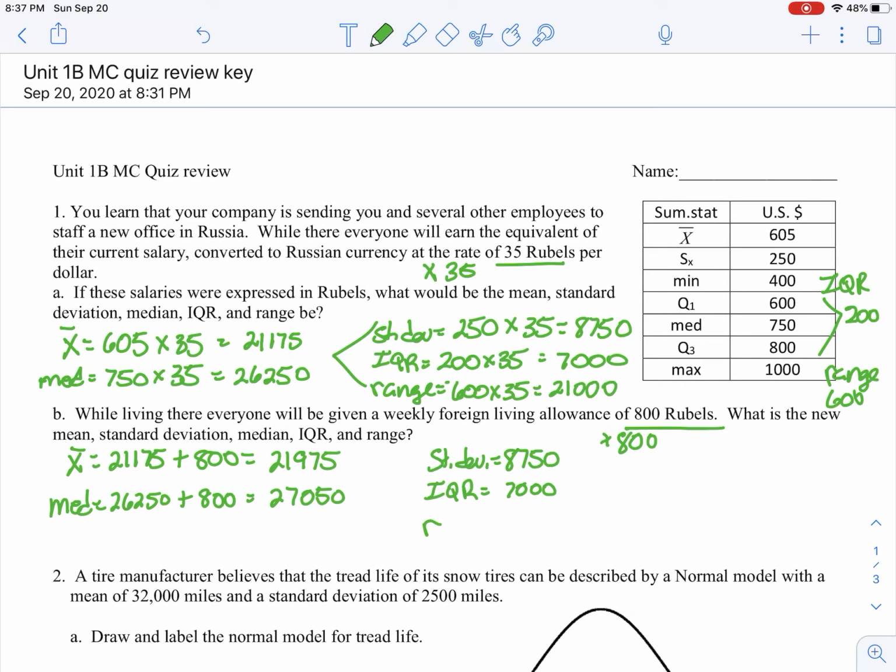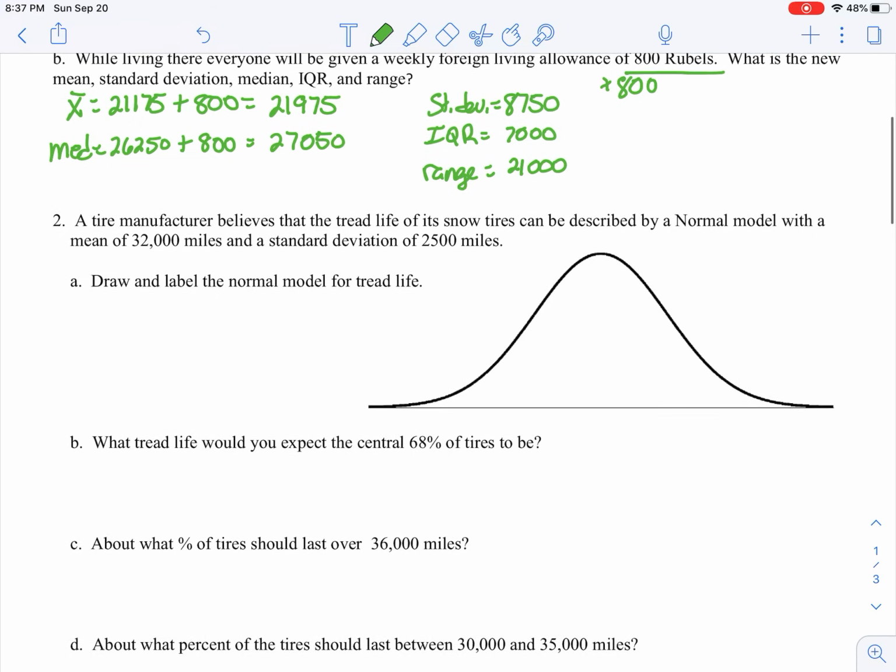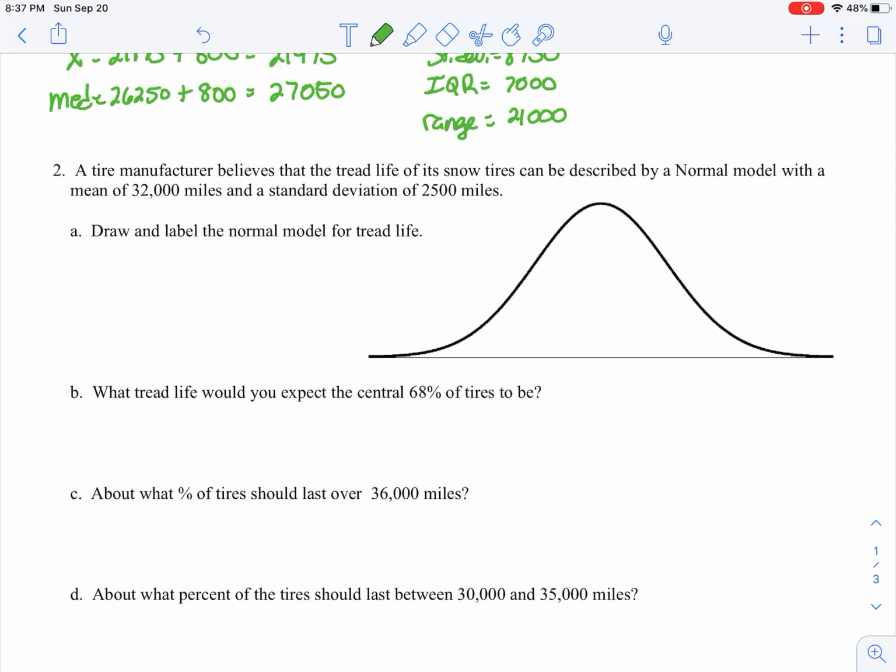And my range remains the same at 21,000. Okay, so there we go. As far as that problem, again, understanding what happens when we multiply or divide, add or subtract to a set of data.